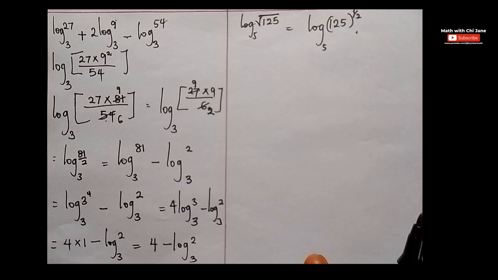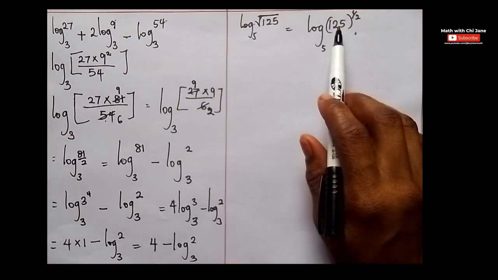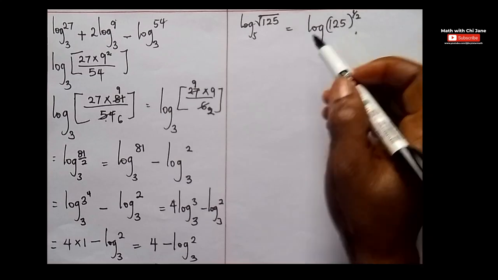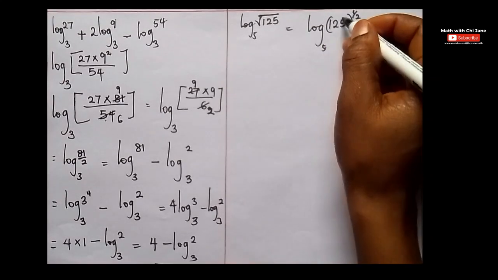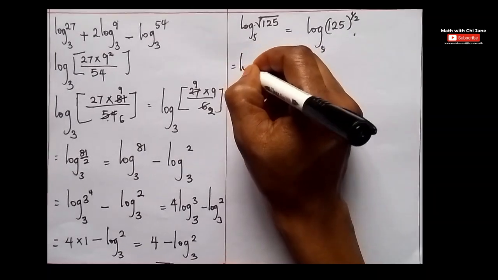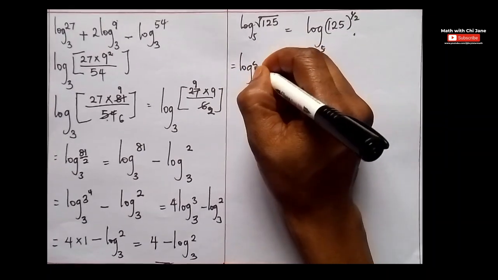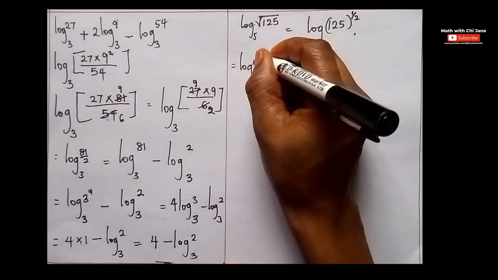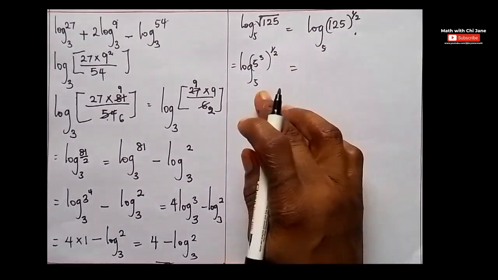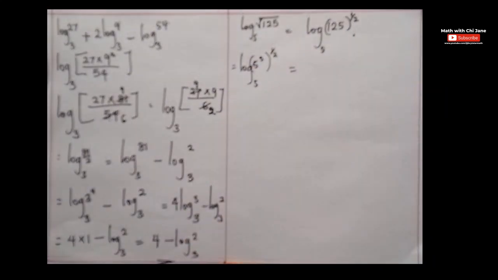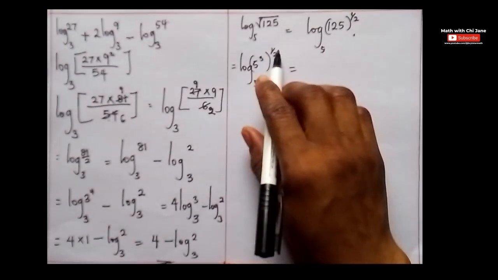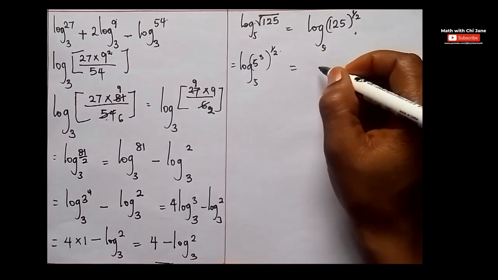Now, definition of log. The log of a number is the number of times the base will be raised to the power to give you that number. So the number of times 5 will be raised to give me 125 will be, of course, 3 times. Remember, we are still multiplying with 1 over 2. We will still apply the rule of indices, where the powers multiply each other.